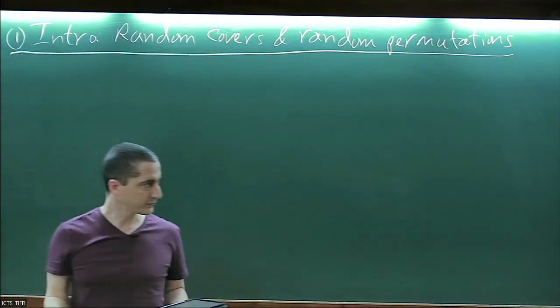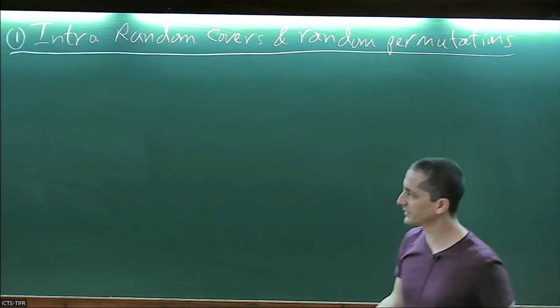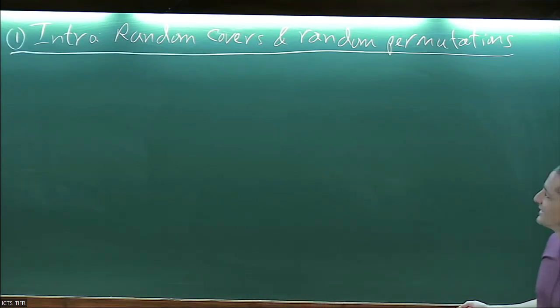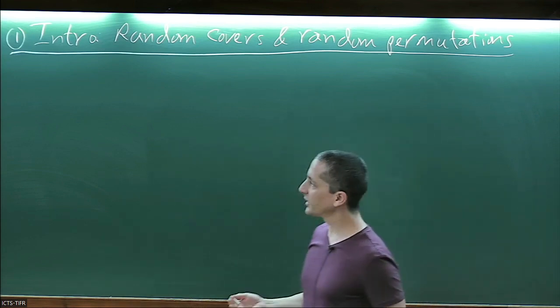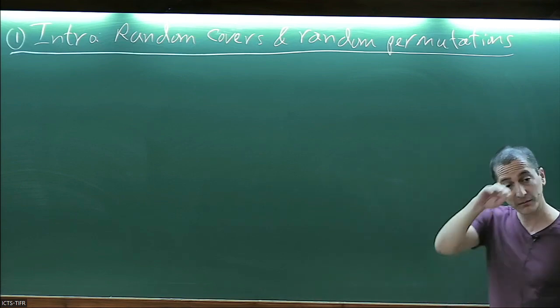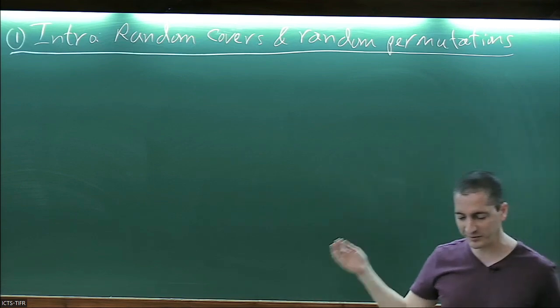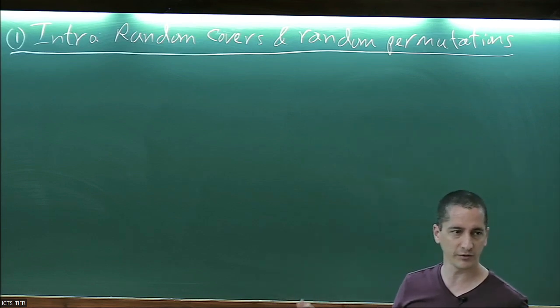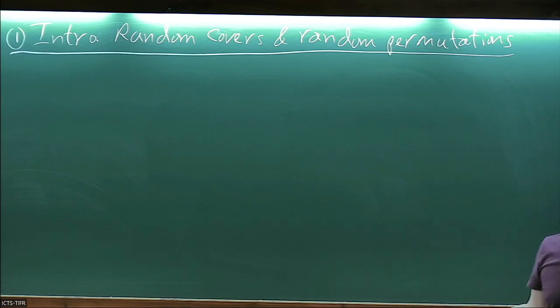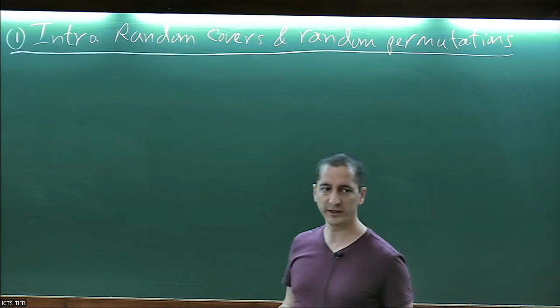Okay, so this workshop has the word random in the title. So why do we care about random objects? In general, I think there are roughly 2 main reasons, perhaps there are more. One is that a random object gives you a sense of what is the generic behavior of this class of objects. And another usage for a random object is that sometimes we want to prove existence of certain objects, and we use the probabilistic method.